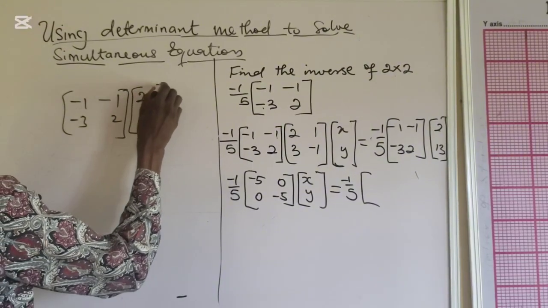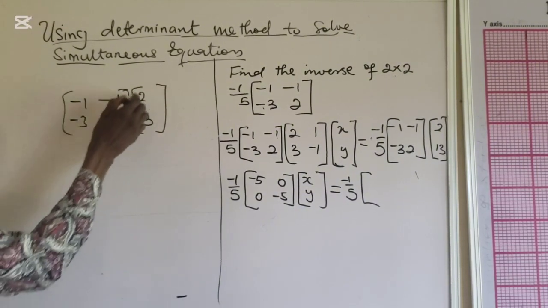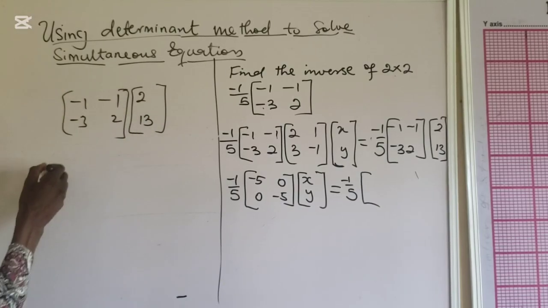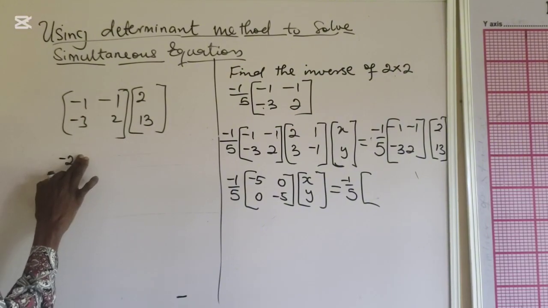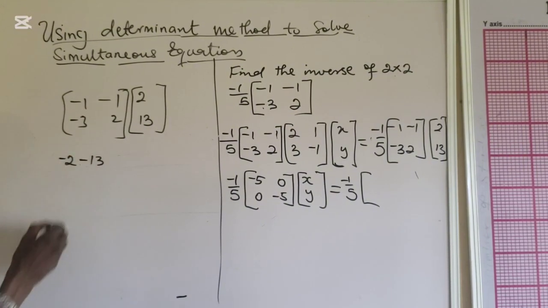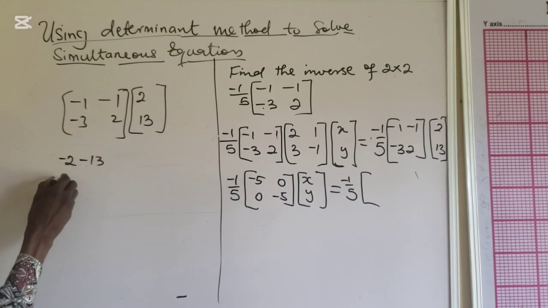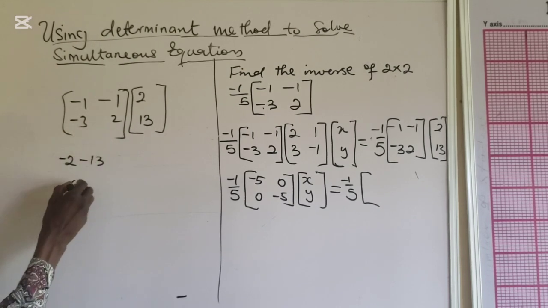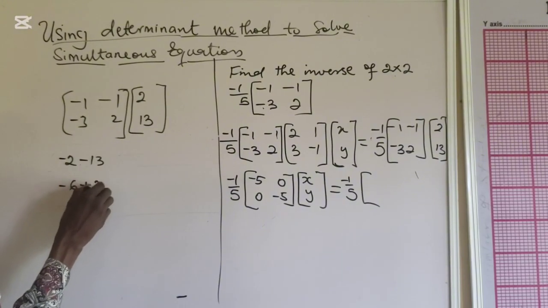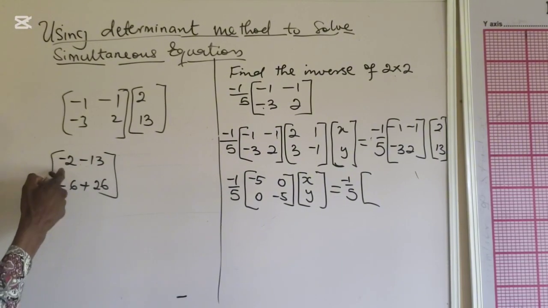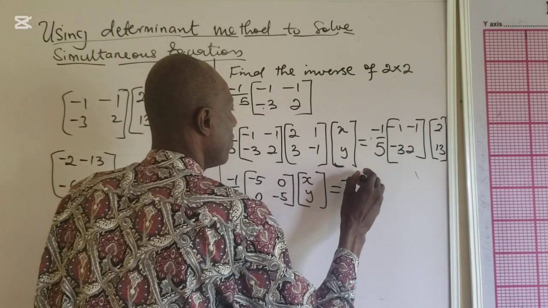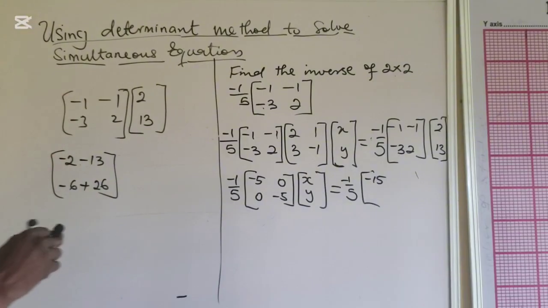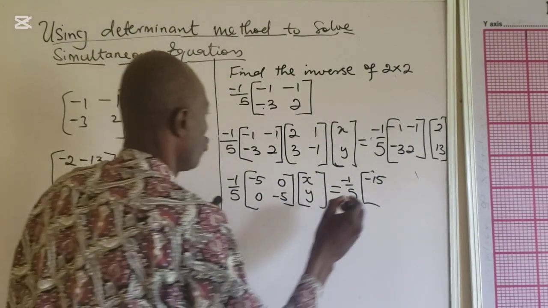Now this row will multiply this column. Minus 1 times 2 gives us minus 2, plus minus 1 times 13 gives us minus 13. We change it to plus. Minus 3 times 2 gives us minus 6, plus 2 times 13 gives us 26. Minus 2 minus 13 gives us minus 15. Minus 6 plus 26 gives us 20.